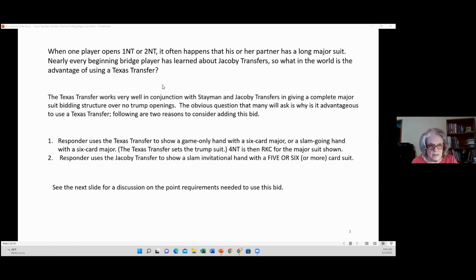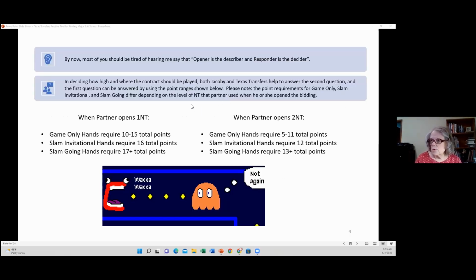Not inviting, not doing anything, just jumping to game. That shows a 6-card suit with a hand that is interested in slam if the opener is on the maximum end of his range. So here are the point requirements.